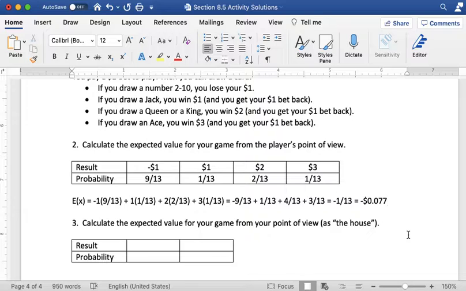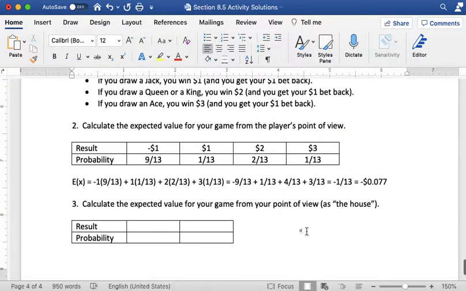So, when you are a player in a casino game, you have a negative expected value because the house always wins. You may have heard that saying. This is where that comes from. The house always has a slightly positive expected value, and the player always has a slightly negative expected value. And it's usually a very small amount because you want people to play your game. Obviously, if there's a very small payout, then people are not going to be willing to play.